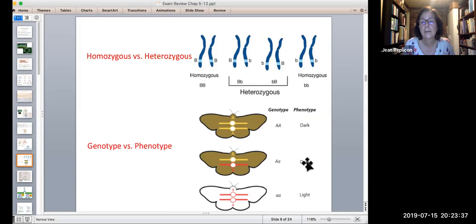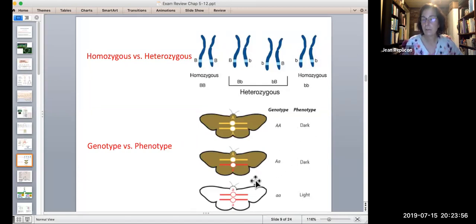So phenotype is the physical manifestation of the observable traits, whereas genotype represents the genetic makeup. And as you can see, they're not always the same.